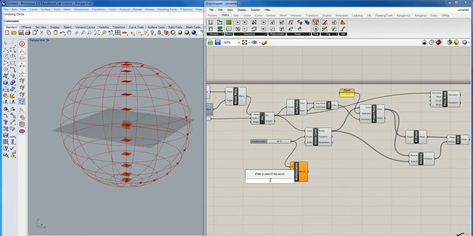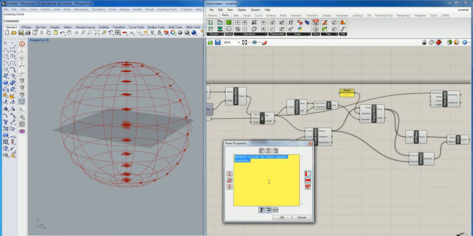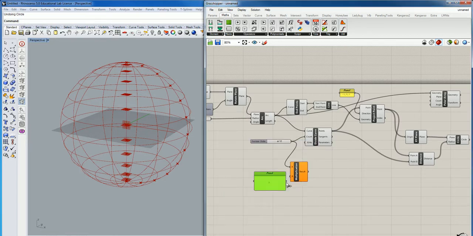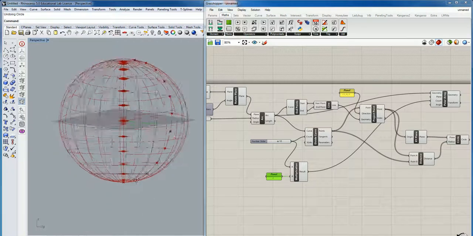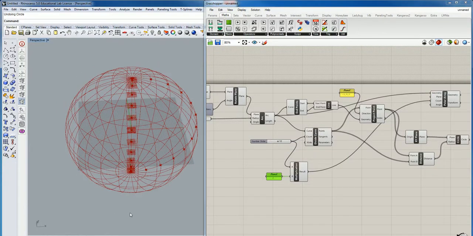I'll put a panel with a 2 on it. And I will feed the result into count. There is my lines of latitude and longitude derived mathematically inside of Grasshopper.